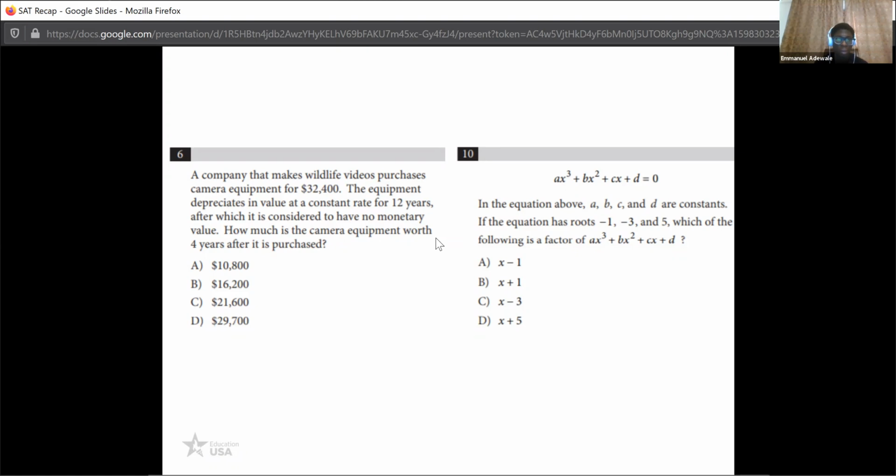But yes, you did well to figure out that that's how much the equipment depreciates by. And then the only step you would have to do past that would be to subtract 10,800 from the 32,400.